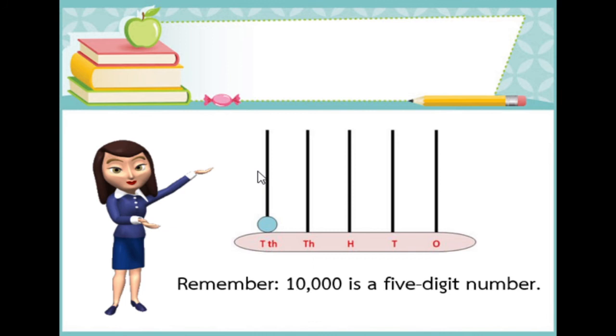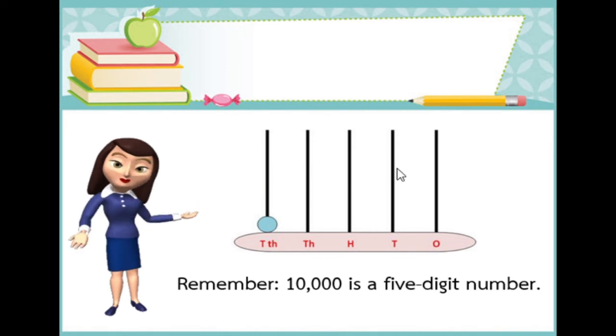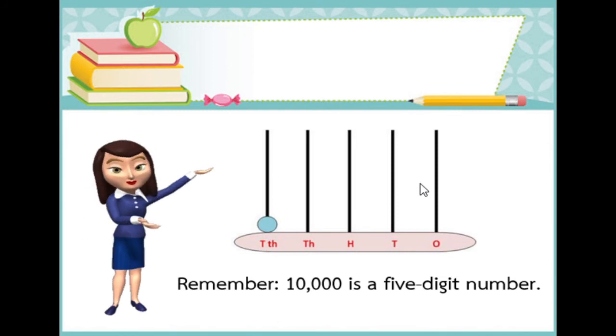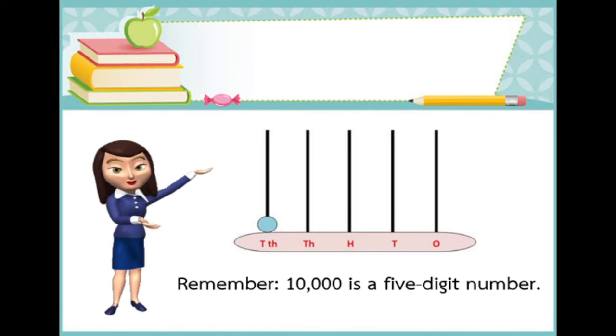Count. 1, 2, 3, 4, 5. It has 5 digits. 10,000 is a 5-digit number.